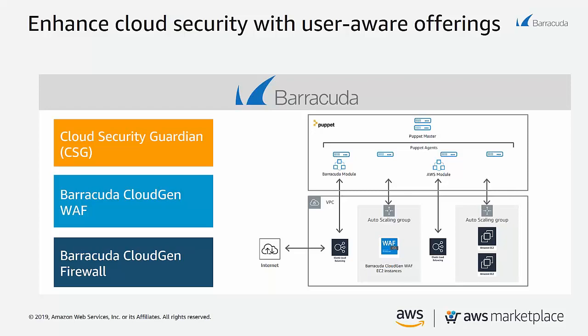And on the diagram now, we actually have a quick start solution that Barracuda's developed in conjunction with Puppet. And what it does is it basically provides a WAF module for Puppet so that developer teams can integrate the WAF directly into their DevOps pipeline.